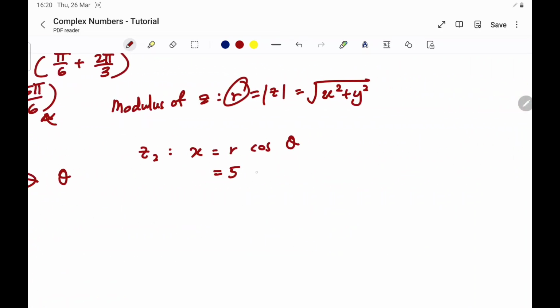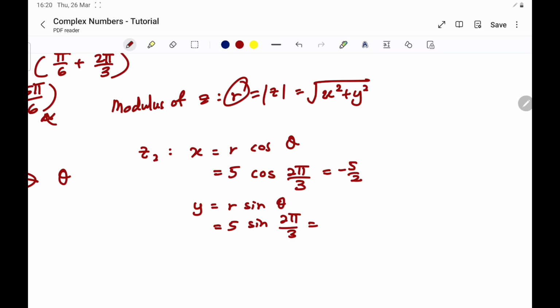Calculating here, 5 cos 2 pi over 3, you're going to get negative 5 over 2. Then you find y, which is r sine theta, 5 sine 2 pi over 3, where you're going to get 5 square root 3 over 2.